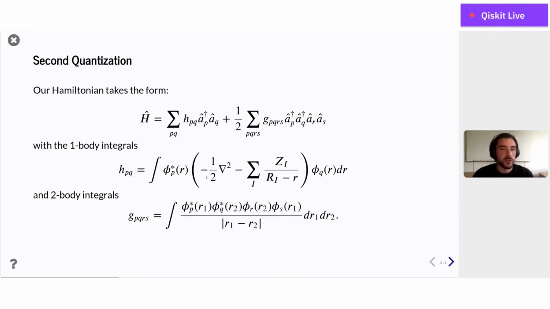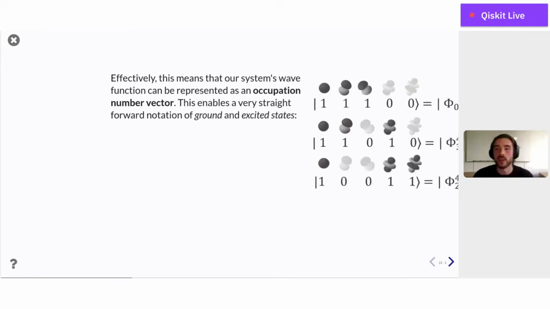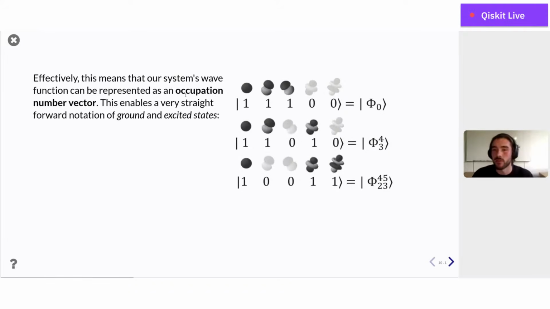And the reason we want to use the second quantization notation is because it allows us to represent the Hamiltonian and the state of our function in a uniform way. And that's the so-called occupation number vector formalism. So what I'm showing here on the right-hand side is 5 example orbitals, 3 of which are occupied and 2 of which are unoccupied. And if the lowest lying ones are occupied, this is the ground state.